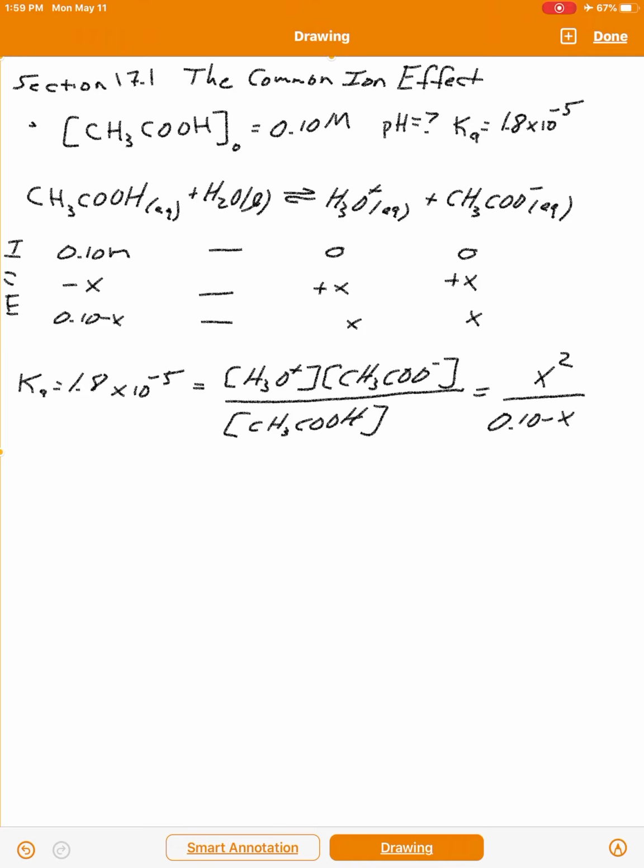Generally, weak acids have pretty low ionization values, maybe 1% or so. So we can simplify this expression to X squared over 0.1.